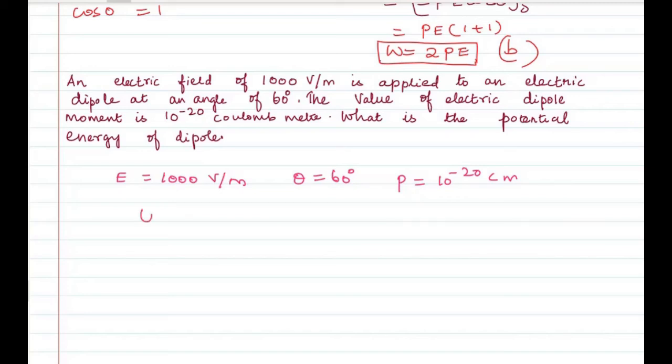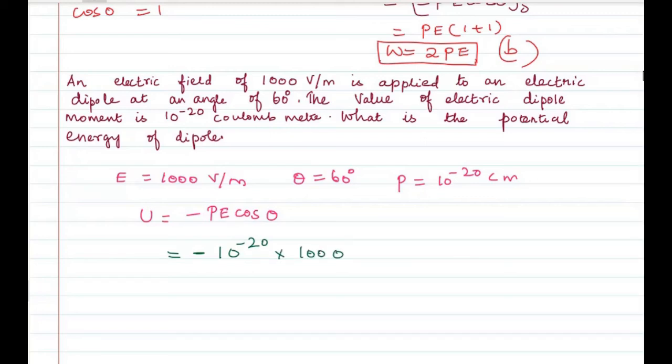So the formula is U = minus P E cos theta, the formula for the potential energy of a dipole system. The P value is 10 to the power of minus 20, into the E value of 1000.